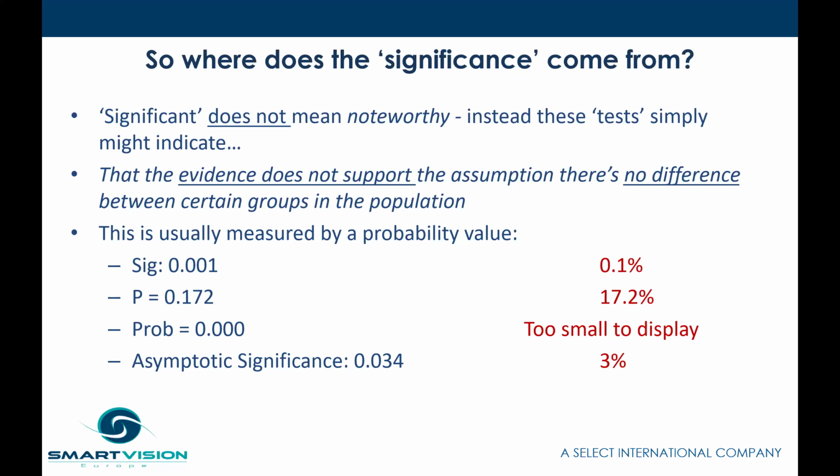But if it says 0.00, it doesn't mean that there's 0% chance. It just means it doesn't have enough decimal places to display how small it is. And you might even get something where it says 0.034. That means 3.4%, or 3% if you're rounding down.